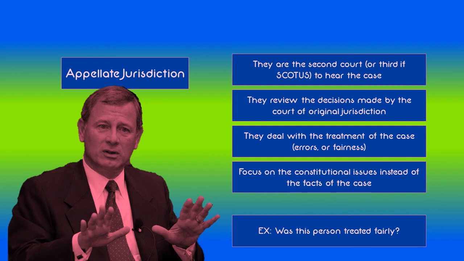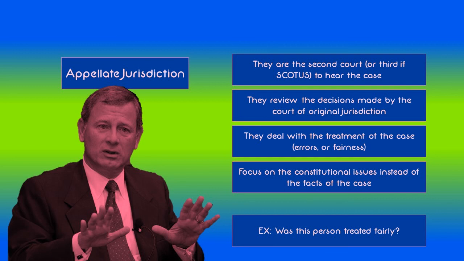So where the earlier court dealt with the facts of the case, here in appellate jurisdiction, we're going to deal with the treatment of the case. We're going to be focusing on whether or not the people were treated fairly, like were there problems with trial, were there mistakes made, was the jury fair, things like that. So this is going to focus not on the facts of the case, but on the constitutional issues. Was this person treated fairly?